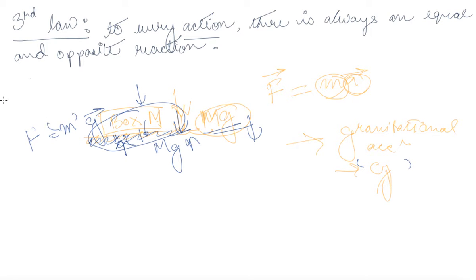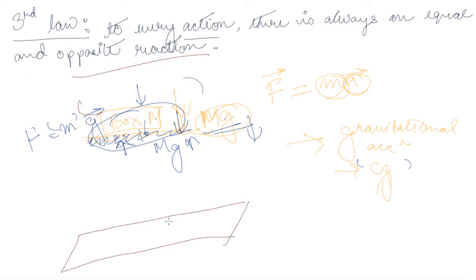Now let's look at another example which will justify this particular definition. Take a rubber sheet and place a heavy ball. What you will see is that this sheet has a slight downward motion.